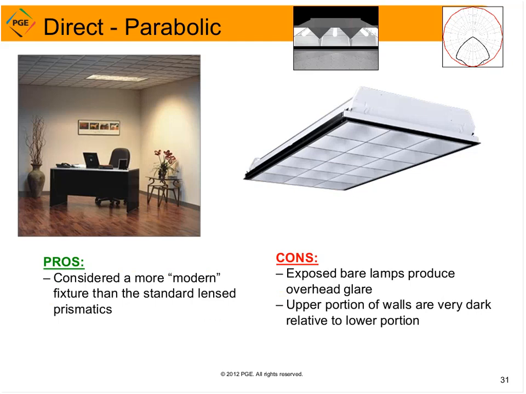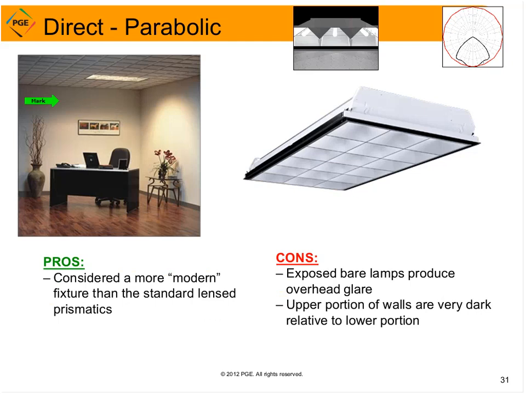The parabolic recessed troffer was originally designed to help eliminate glare on computer screens and is considered by some to be a more modern fixture type. However, glare on computer screens is an issue that has mostly gone away because of flat screen displays. A much bigger issue is the exposed bare lamps and the overhead glare that bothers many people when used in this type of fixture.